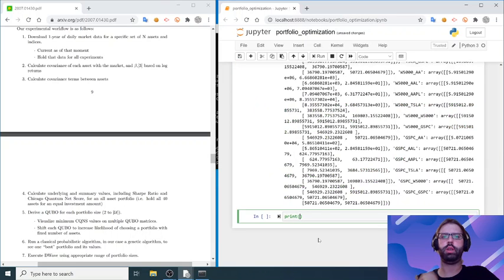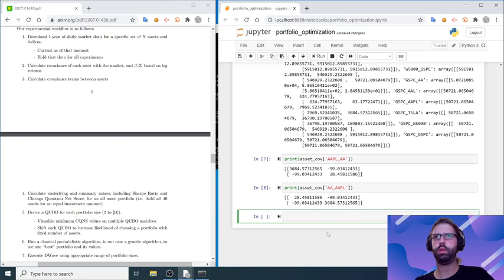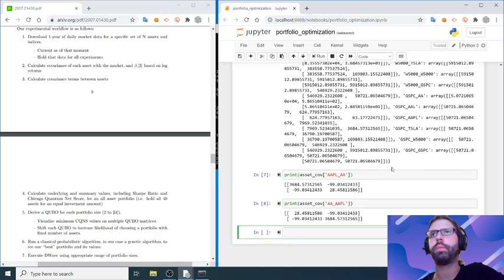So print asset covariance of these, and print asset covariance of these. It's kind of the same, but it's transposed, isn't it? Or inverted or whatever. These terms are the same. Yeah, exactly. So, but whatever.